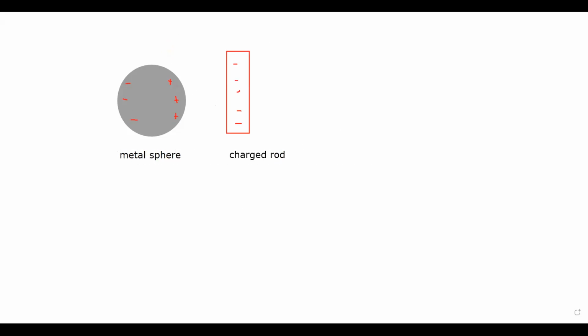And if we have a metal sphere and I bring a positive charged rod on the right hand side, what will be the charge on the right hand side of the metal sphere?